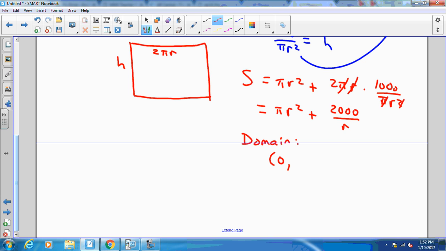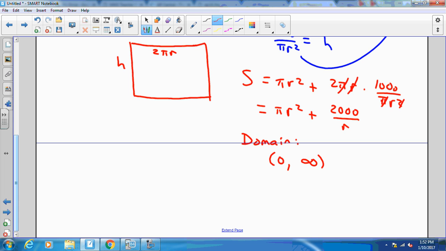Close to 1,000? I can do bigger than that. I can make a radius 2,000. There is no largest possible radius in there. So the domain is actually all the way out to infinity.